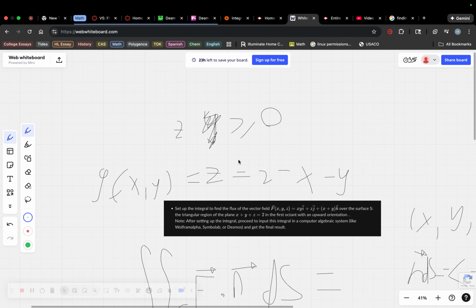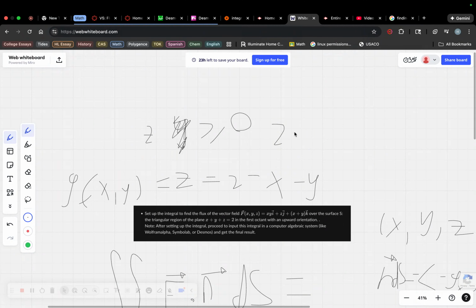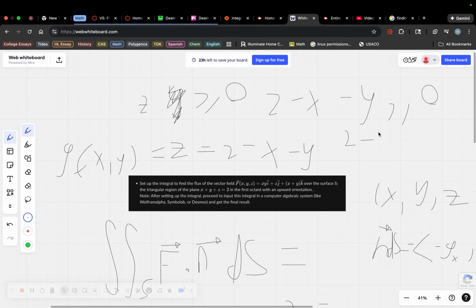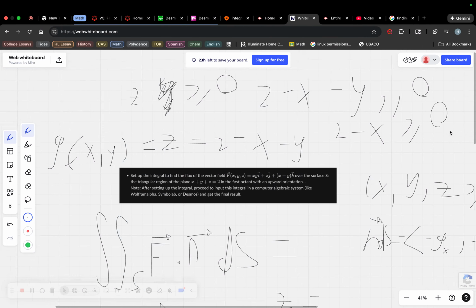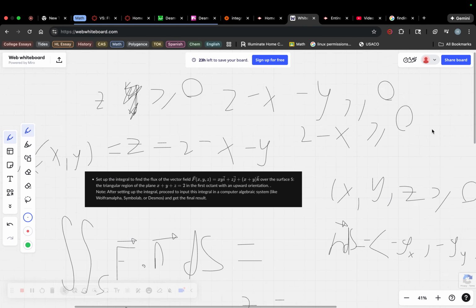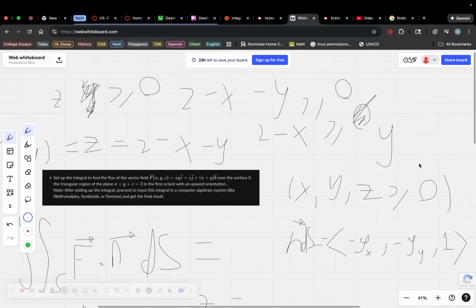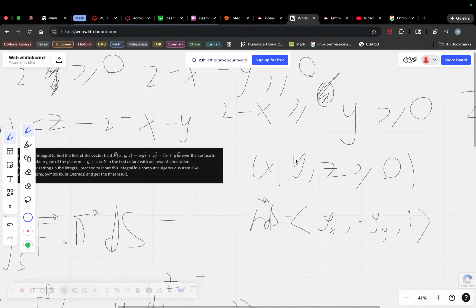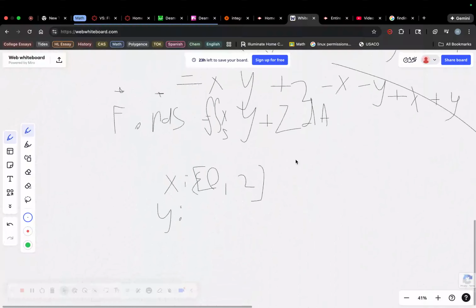So we could plug this in for z, and we have 2 minus x minus y greater than 0. Add y to both sides, and we get 2 minus x greater than y, and then we know y is greater than 0 because it's in the first octant. So y goes from 0 to 2 minus x. That's our bounds for this.